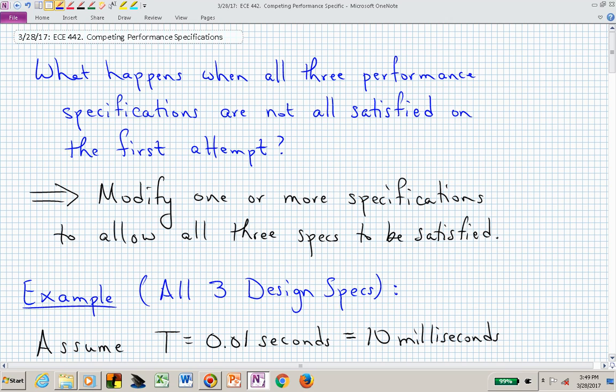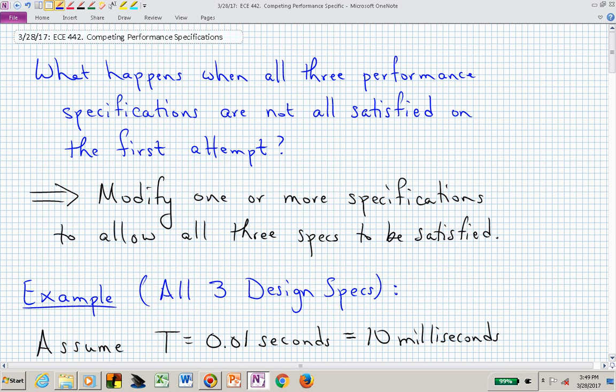What do we do? Well, the answer is to modify one or more of those specifications. Hopefully we can modify it in the direction that still satisfies each of the individual performance specifications.